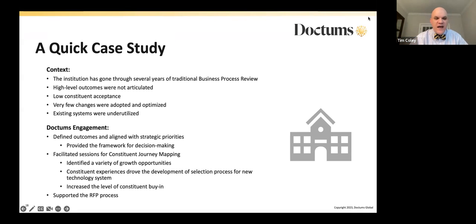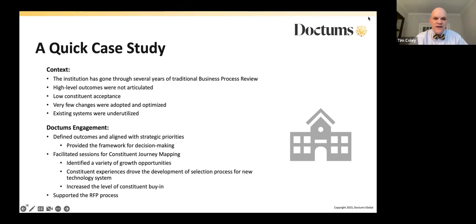So we're helping them with that RFP process. We've already been helping them with constituent buy-in, just by listening to people and talking with people, showing people that we wanted to understand their particular journey. They had not been asked that before.